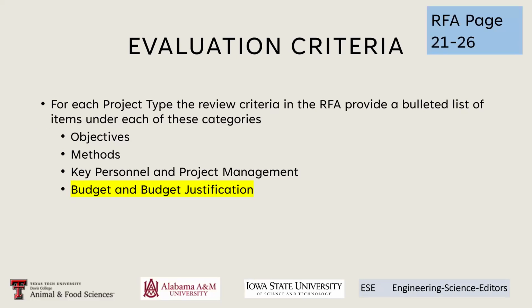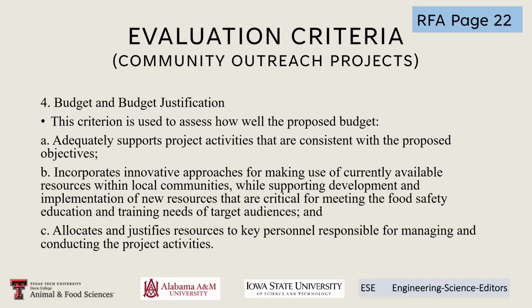Now, I talked about the evaluation criteria, and you can find this information between pages 21 and 26 of this RFP for the USDA Food Safety Outreach Grant. They have a section called Budget and Budget Justification, part of their criteria.